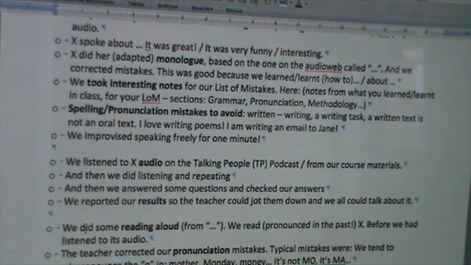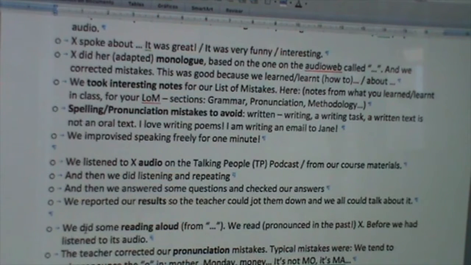Or I love writing poems. Or I am writing an email to Jane. So remember that the most usual form of the verb is the ing form, writing, because it appears in different verbal phrases. It appears in the present continuous.